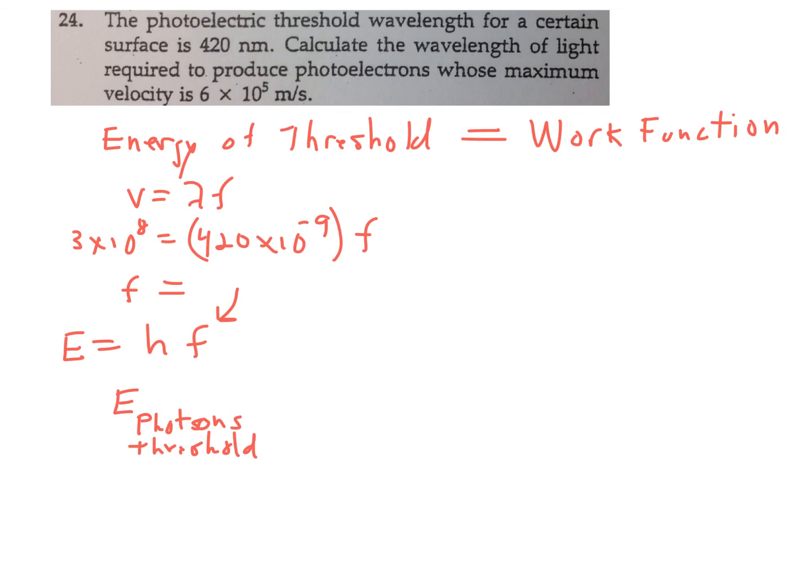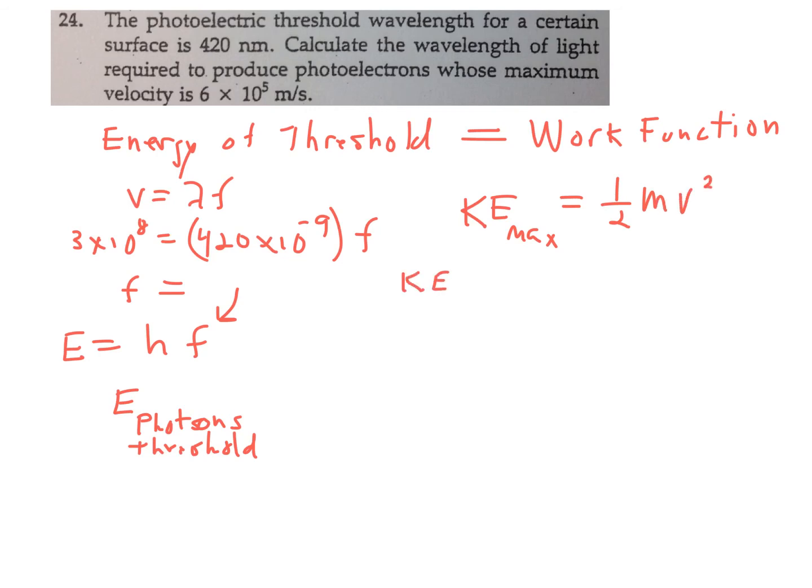Okay? And we also have the electrons coming off with a velocity, giving them kinetic energy. In other words, we can calculate the maximum kinetic energy, because these are the highest speed electrons, by plugging into 1/2 mv squared. And once again, the mass of the electrons is given.